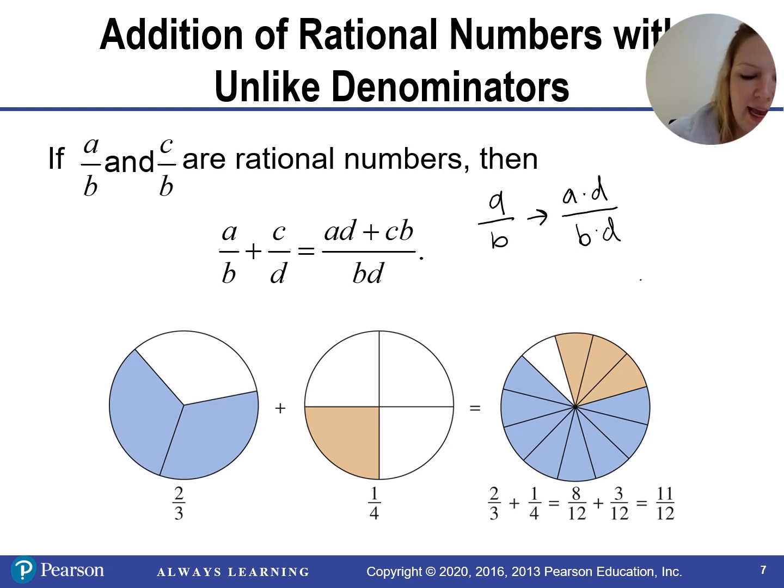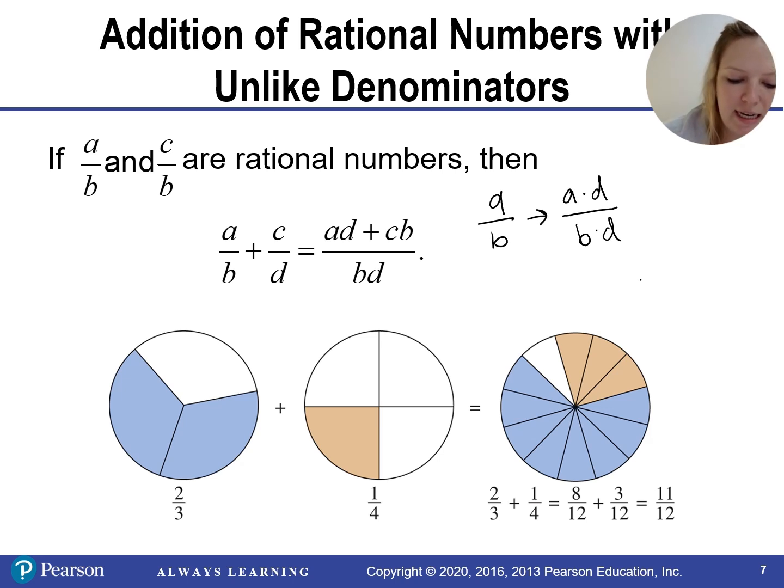So I'm making a over b, instead of a pieces of size 1 over b, I'm making it a times d pieces of size 1 over b times d. So I'm splitting each of my pieces d times.